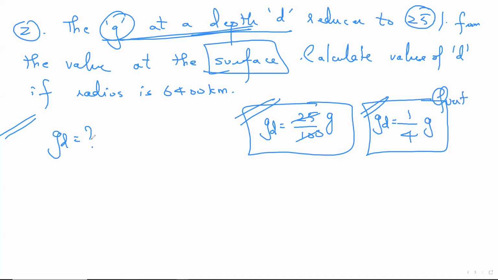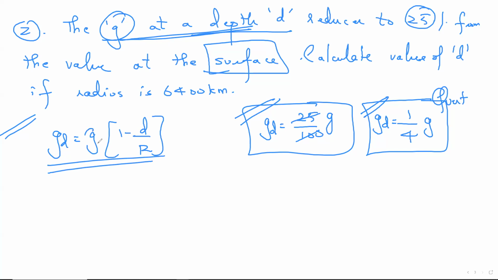Okay. According to me, I know a formula for GD. What is the formula which I know? GD is equal to G into 1 minus D by R. This is according to what I know. Fine. Now, I'll use this formula, but look, one more thing I'll teach you.